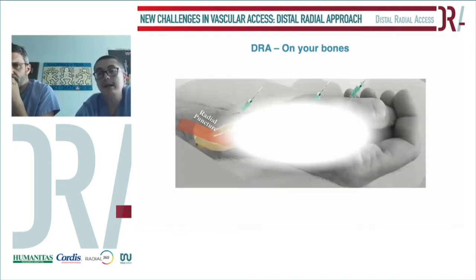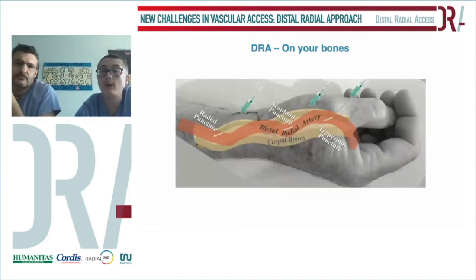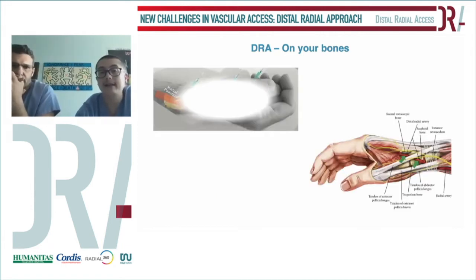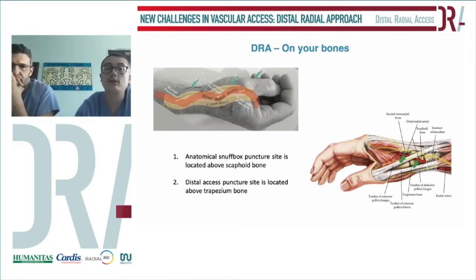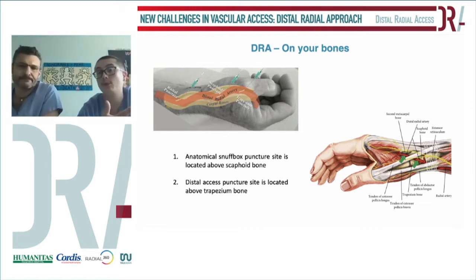On the other hand, we can also search references on our bones, and we have to remember that, as Gabriele already told us, the anatomical snuff box is just over the scaphoid bone, and it's a good thing because the scaphoid bone is really near the artery and really hard and quite easy to compress on, while the distal puncture site is located over the trapezium bone or the first metacarpal bone, and it's less easy to compress because they are bones that are prone to movement.